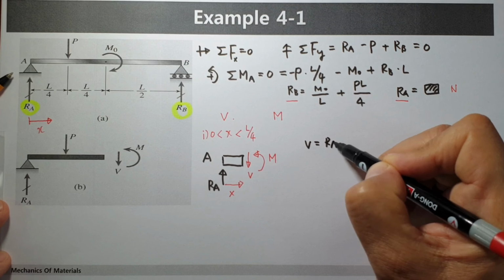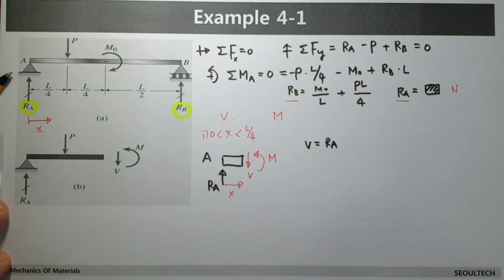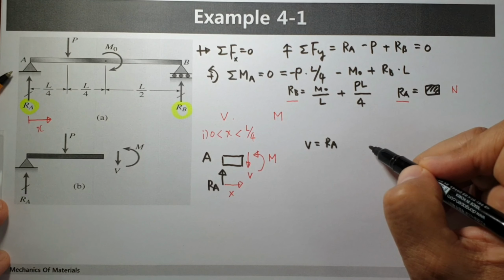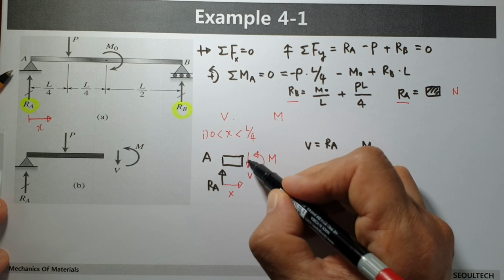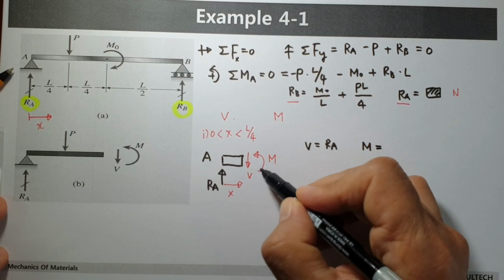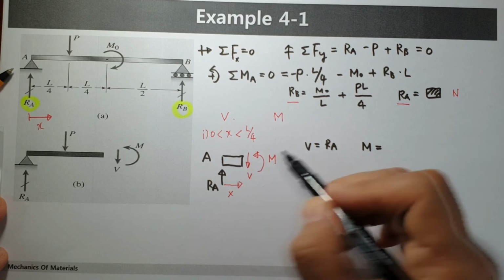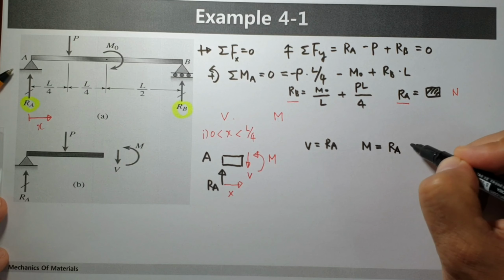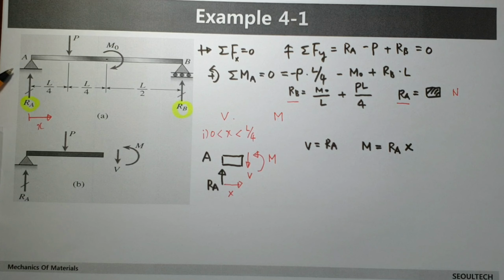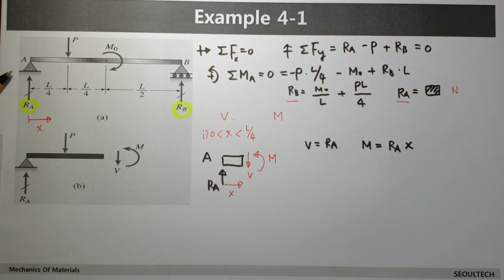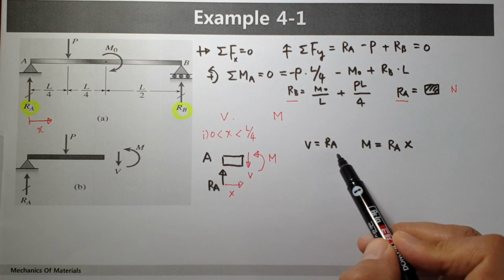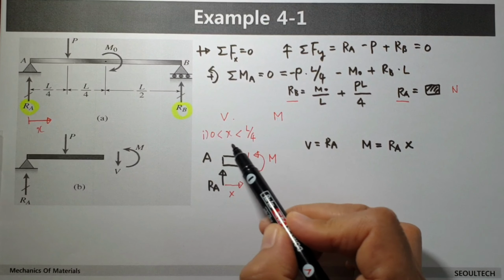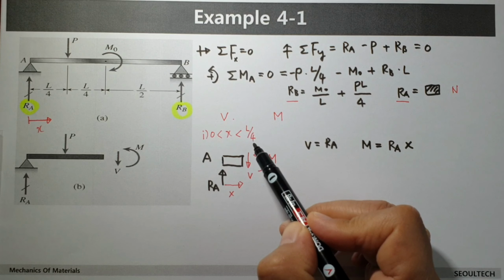RA. V equals RA. Then M, bending moment. When you think about this position, V is deleted, and M equals RA times x. We can calculate shear force and bending moment when x is in this range.